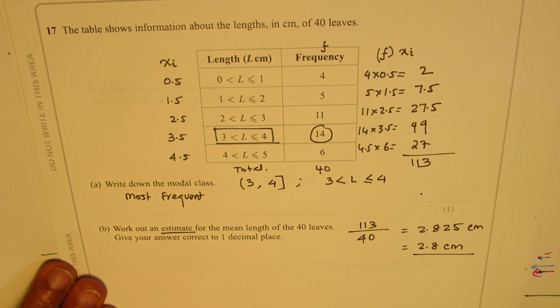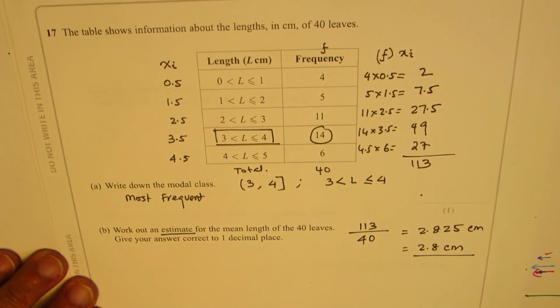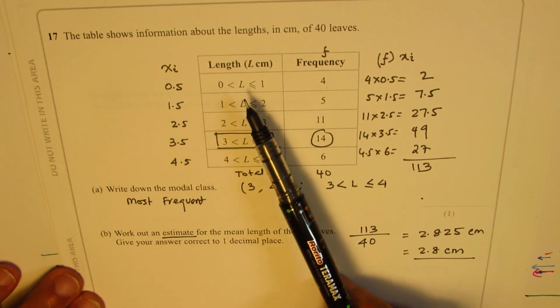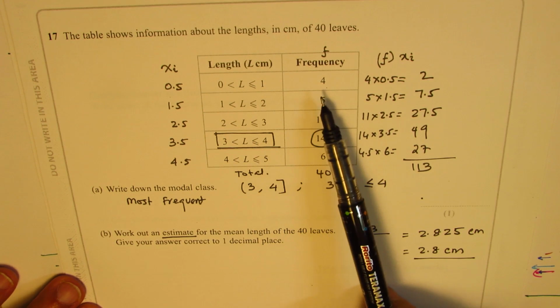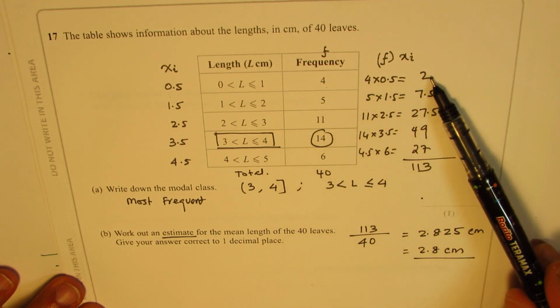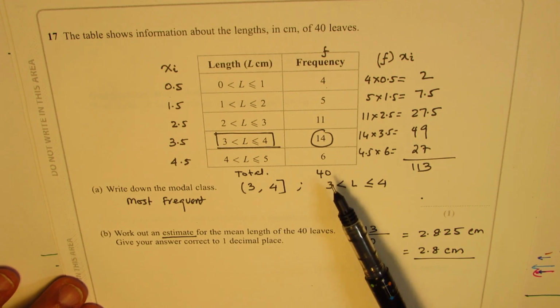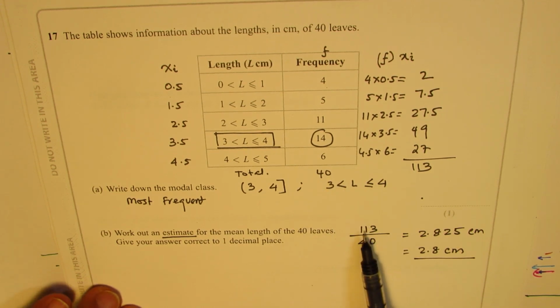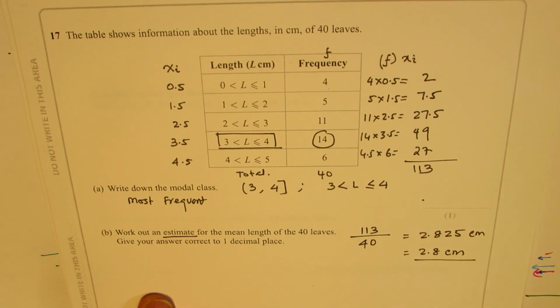Is that clear to you? So I hope the steps are clear. The first step is to find the center value of each class, multiply that with the frequency, and then find their addition divided by the total number of leaves. So the average length will become 113 divided by 40. Round your answer to 1 decimal place, correct?